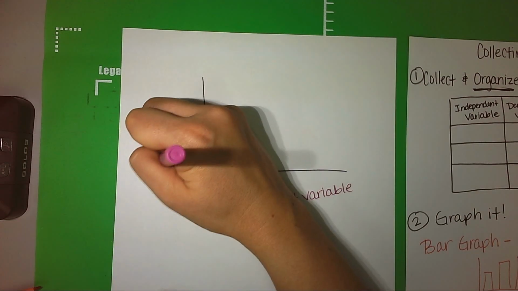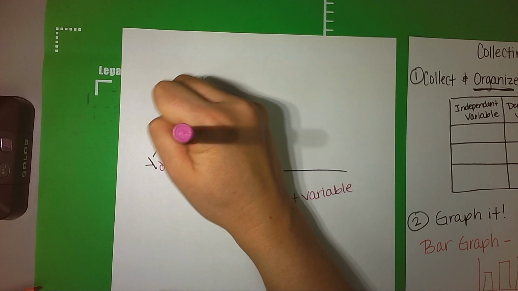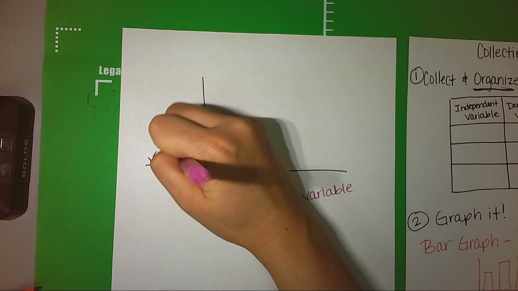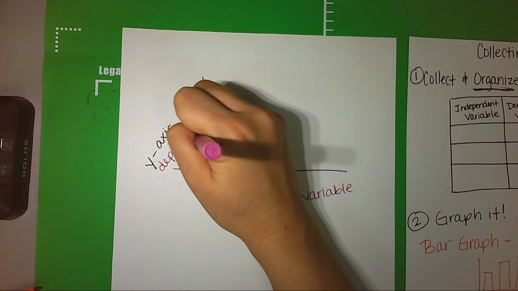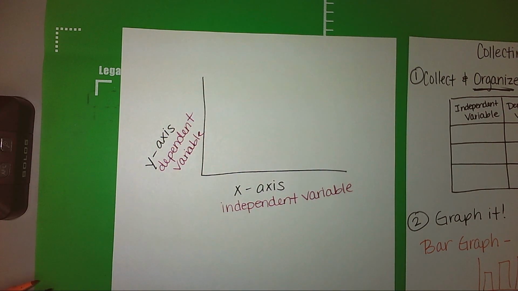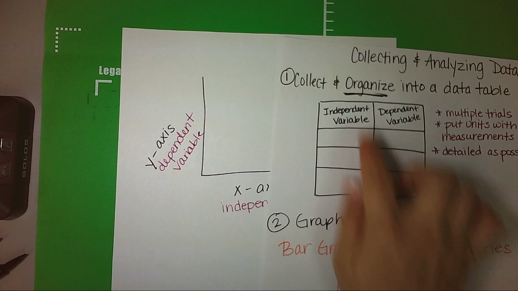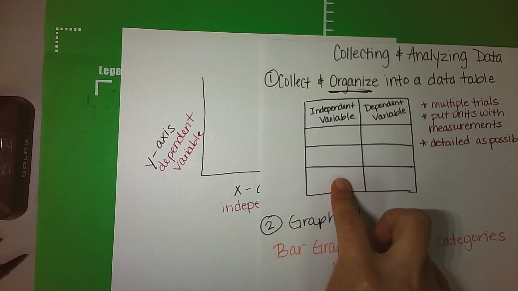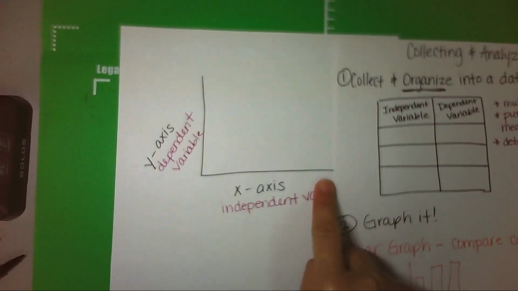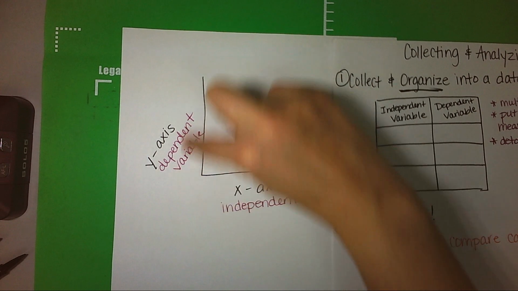And this is where your dependent variable goes. Okay, so whenever you're looking at your data table, because you set it up like this, this would be along this way, and your dependent variable will be graphed this way.